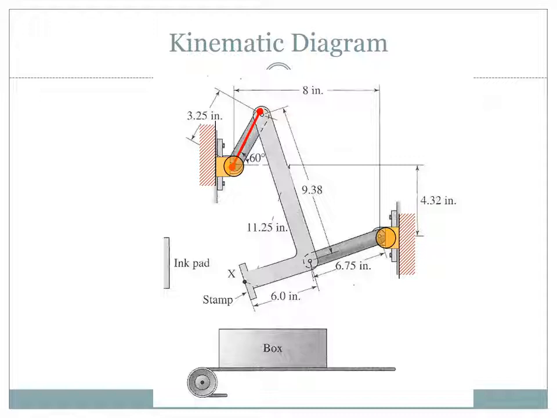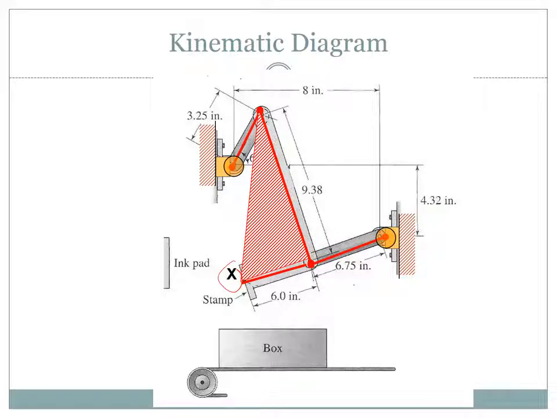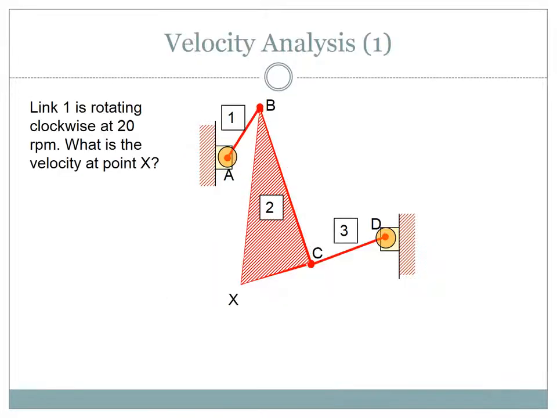We draw the kinematic diagram. X is the point of interest. We can have a kind of triangle like this. Join A, B, C, and D. Link 1 is rotating clockwise at 20 rpm.